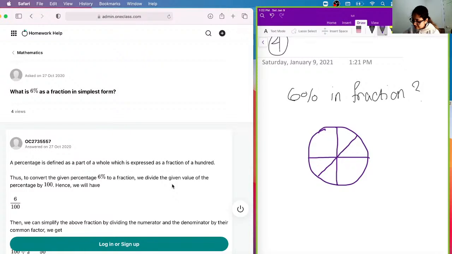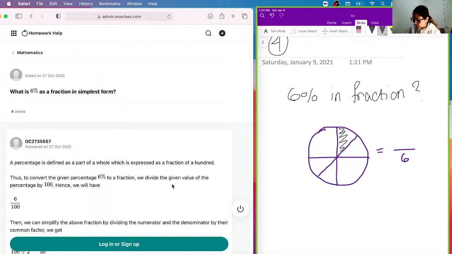And so in this case, let's say that out of the 6 parts, we colored in one part, right? To express this as a fraction, we would write our whole, the many pieces we have, 6.